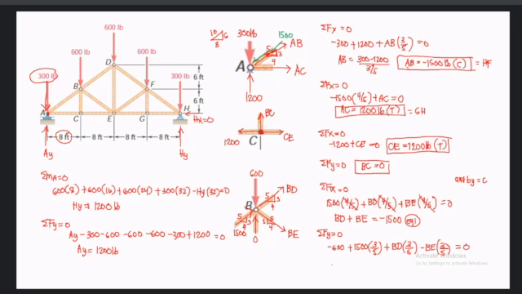Simplifying further, this will become BD times 3/5 minus BE times 3/5 is equal to, moving the constant to the other side, 600 minus 1.5 times 3/5.